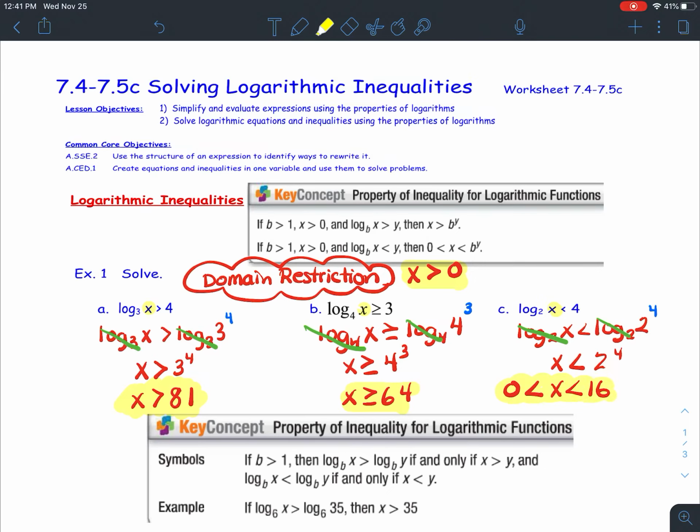I know it looks like a less than symbol, but the way you read this is that x can take on any number smaller than 16 as long as, see how the bigger opening is pointing towards the x, as long as x is also greater than 0. It's got to be smaller than 16, but bigger than 0. So we have to attach that onto our answer.